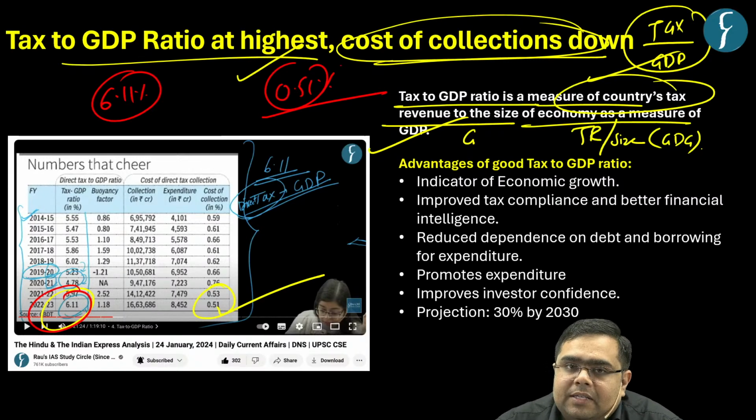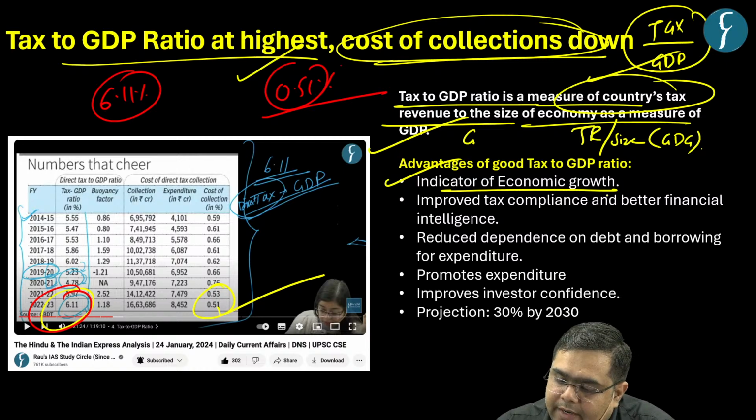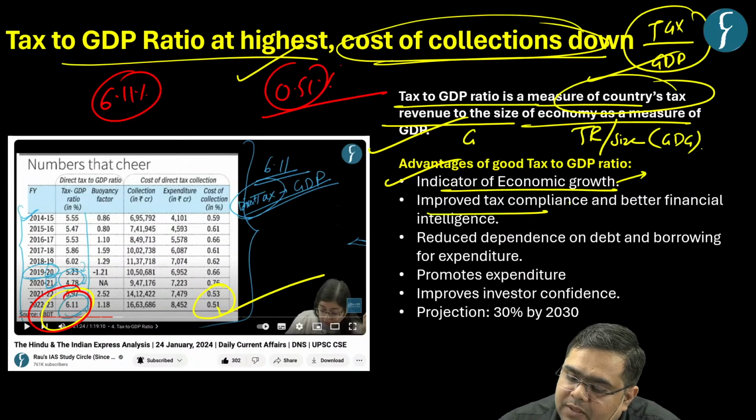What are the advantages of a good tax to GDP ratio? First, it is an indicator of economic growth, right? It shows that the economy is growing at a robust pace. Then improved tax compliance and better financial intelligence.